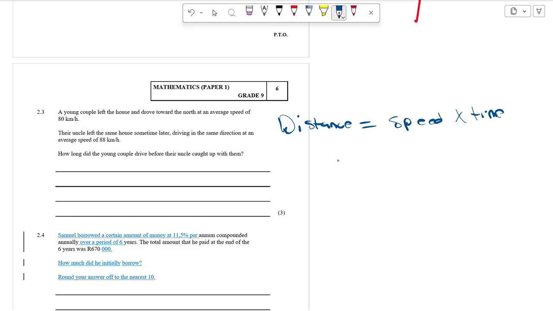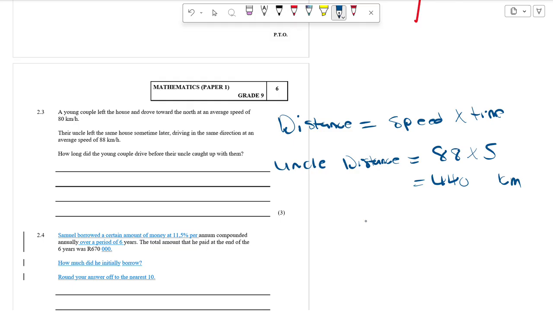Let's say maybe he left 5 hours later. So we will say his speed 88 multiplied by 5, and then we press our calculator to get 440 kilometers.